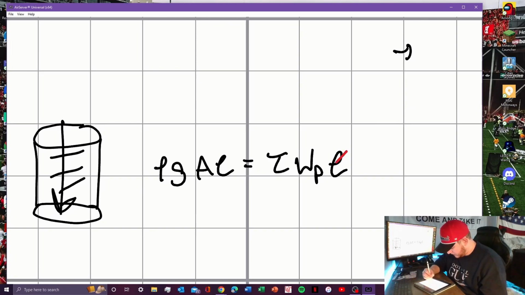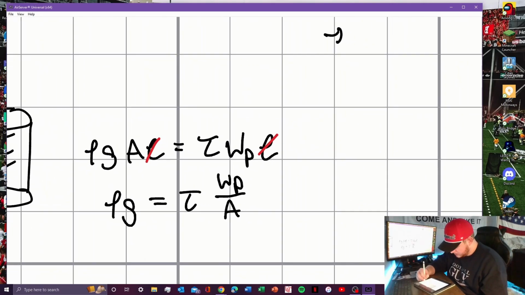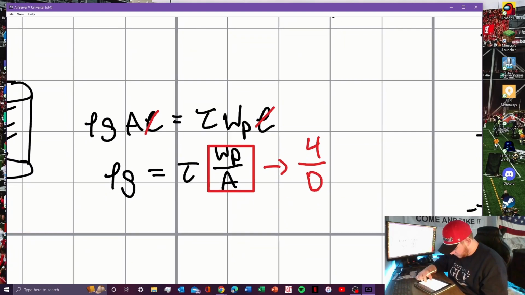And these L's will cancel, and we can divide both sides by A, and we are left with rho G is equal to the shear stress times the wetted perimeter over A. And for a circular pipe, this term, wetted perimeter over the area, is going to be equal to 4 over the diameter of the pipe.